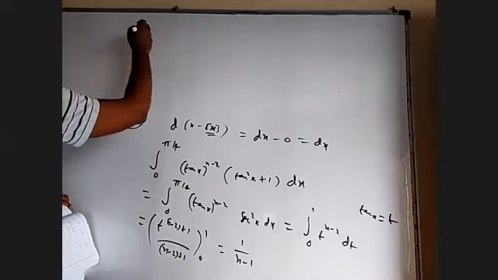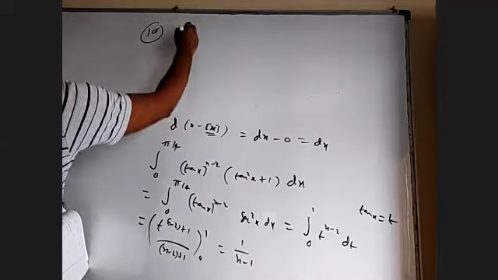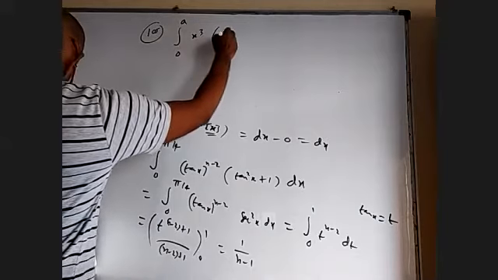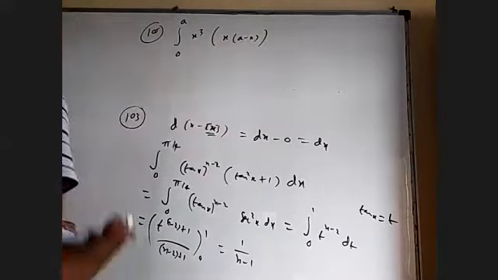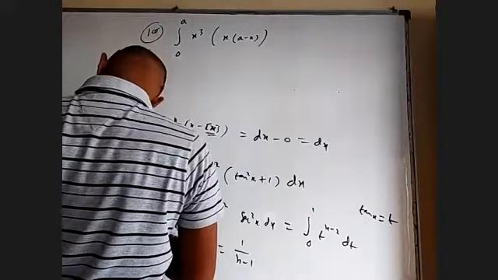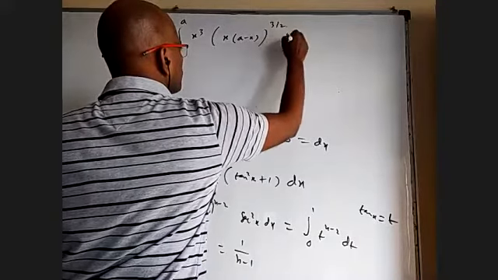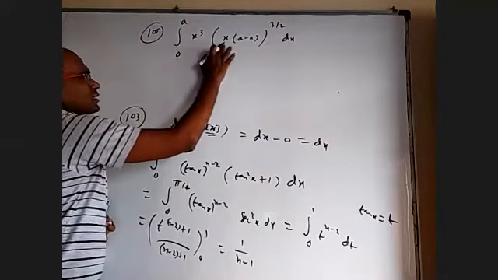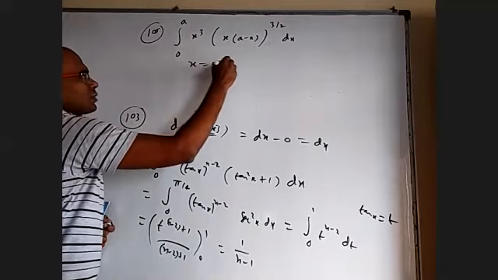Okay, 105. Integral 0 to a of x cube into x into a minus x whole power, sorry, 6 into a minus x whole power 3 by 2 dx. Because x also we have to deal with a minus x also, better to take x as a sine square theta.